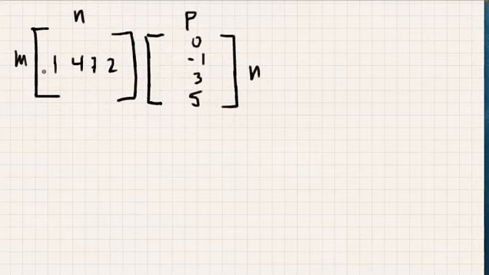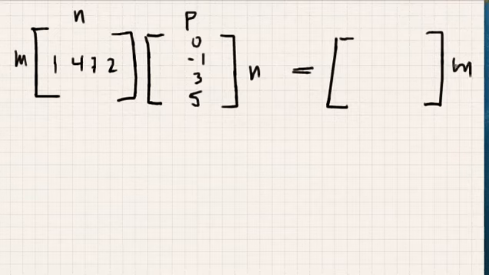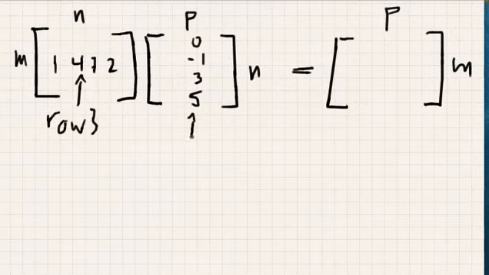And to multiply this matrix, we will take each row and multiply it by each column. And that will give us an entry in our m by p matrix. Now, which one? Well, let's suppose that this is row 3, and let's suppose that this is column 4.